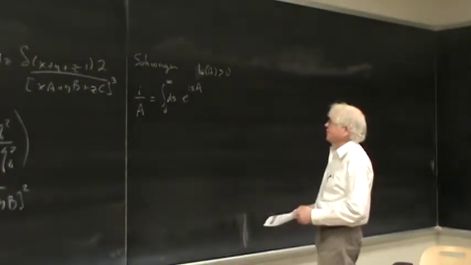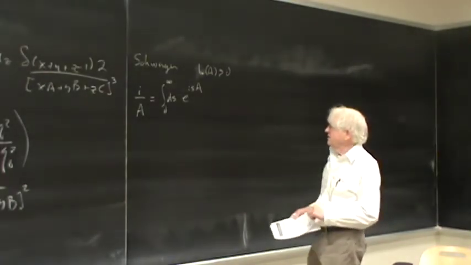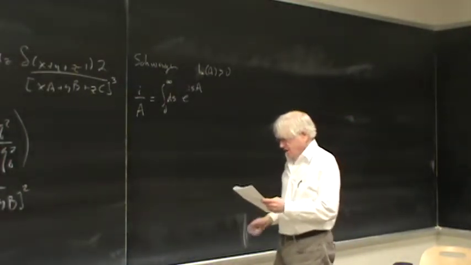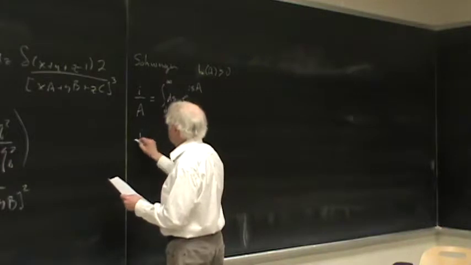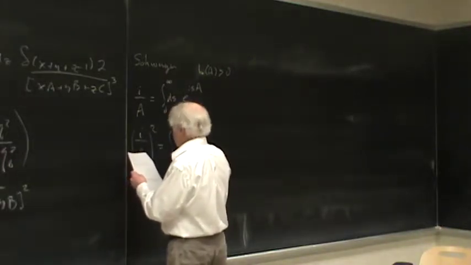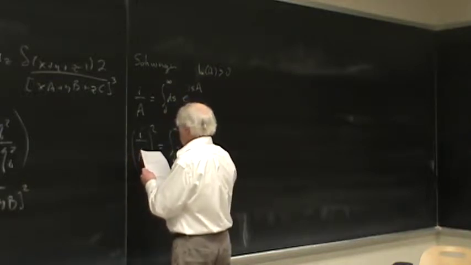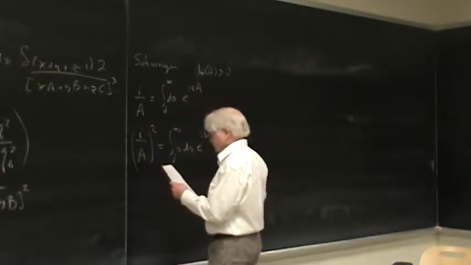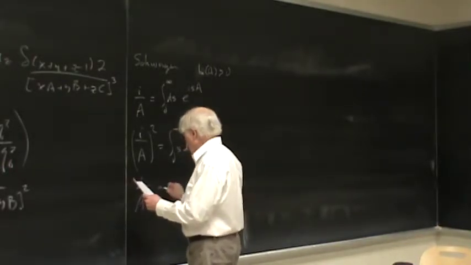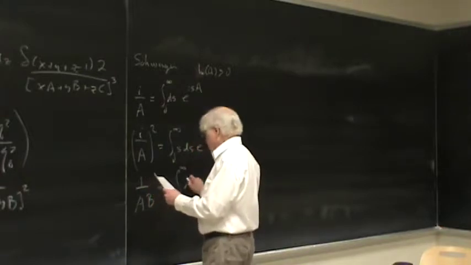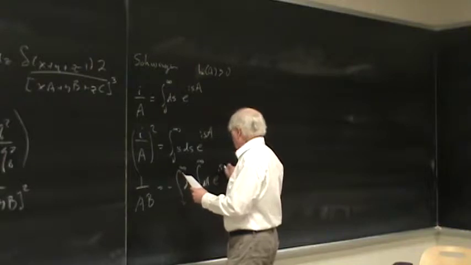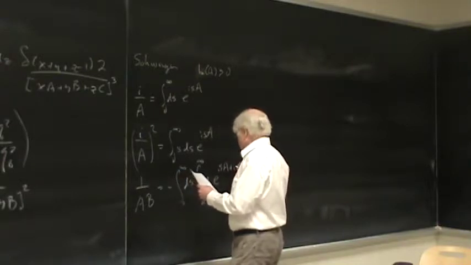I mean, it certainly holds when the imaginary part of A is greater than 0. If A is real, it might work. I'm not sure. It's also true that i over A squared is the integral 0 to infinity s ds e to the i s A. And another one is 1 over AB is minus the integral 0 to infinity ds, 0 to infinity dt, e to the i s A plus i t B.